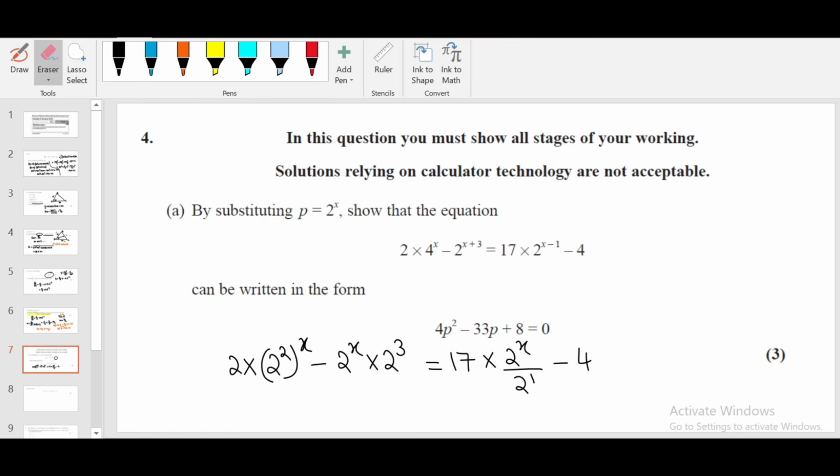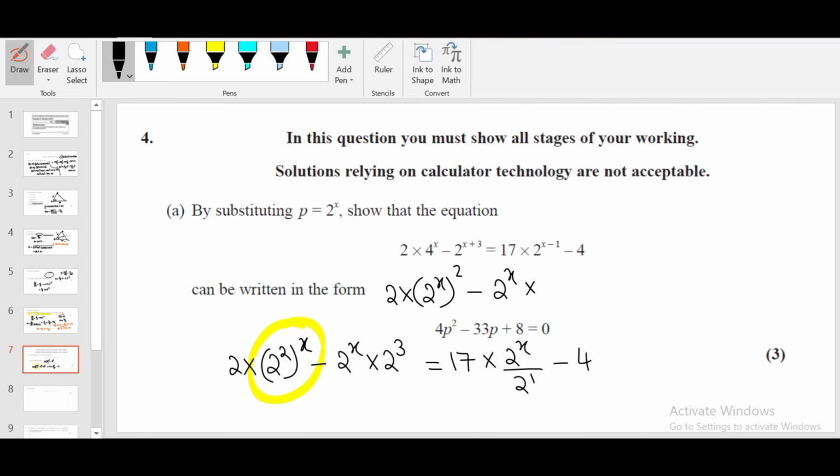And then you can write the whole thing as 2 times (2 power x) whole squared, minus 2 power x times 8, is equal to 17 over 2 power x minus 4.